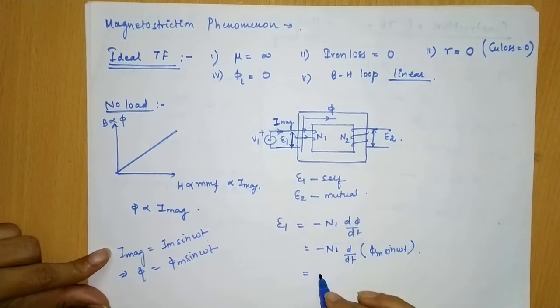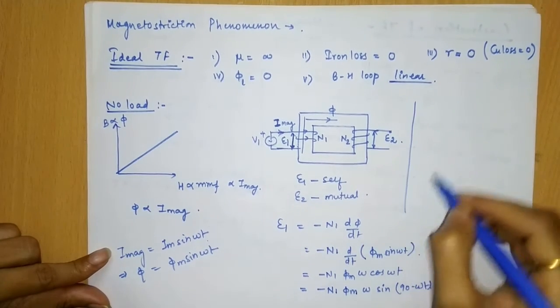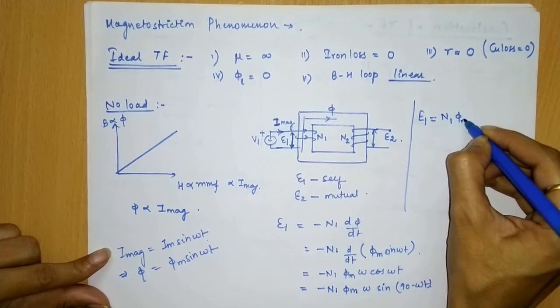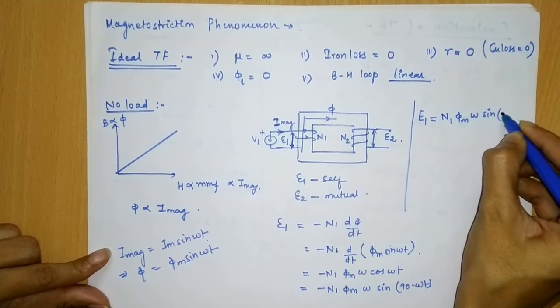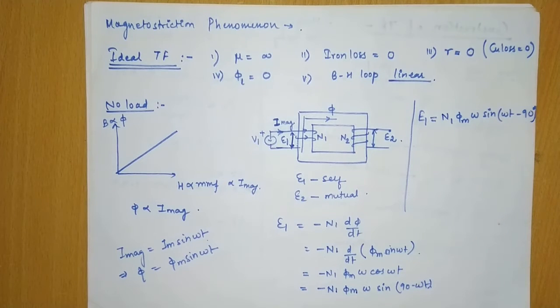From this we get minus N1 phi m omega cos omega t, that is minus N1 phi m omega sin of 90 minus omega t. Hence we write E1 equals N1 phi m omega sin of omega t minus 90. From this equation, induced EMF E1 across the transformer winding is lagging the main field flux by 90 degrees.